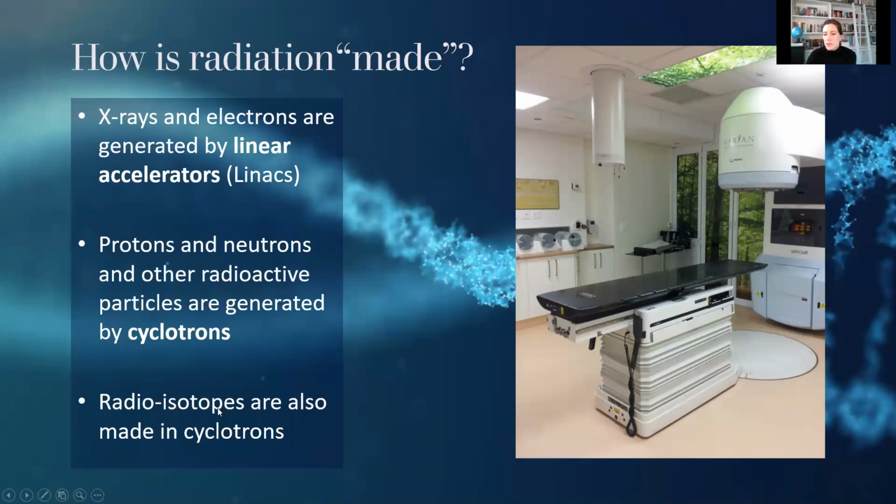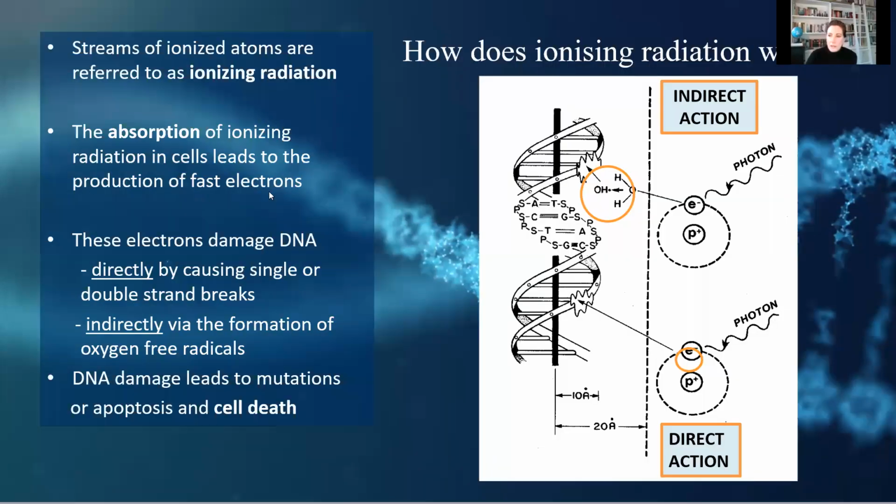The ways that we treat patients are very different. So these X-rays are absorbed into cells, and they then result in the production of fast electrons within these cells. And these electrons are the particles that do the damage, either directly, which you can see here, where an electron is damaging the DNA, or through an indirect action where the electron forms an oxygen-free radical, and the oxygen-free radical then damages the DNA.